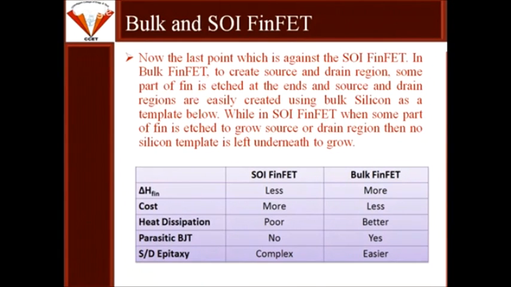Heat dissipation is poor in SOI, but better in bulk FinFET. Parasitic BJT formation is not there in SOI FinFET, but it is there in bulk FinFET. Source to drain epitaxy is complex in the case of SOI, but much easier in the case of bulk FinFET. So you can think of why Intel selected bulk FinFET for the next generation beyond 22 nanometer.